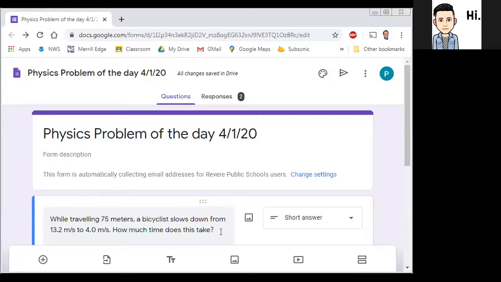No, you're right, he's not falling through the air. He's just riding a bike and hitting the brakes. So the acceleration isn't necessarily going to be 9.8. We can only use that when the object's falling. So the acceleration here is not a given and it's not an unknown.